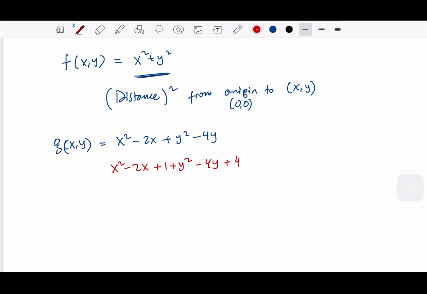So we will have plus 1 plus 4 is 5, okay? So this will be (x minus 1) squared plus (y minus 2) squared equals 5.